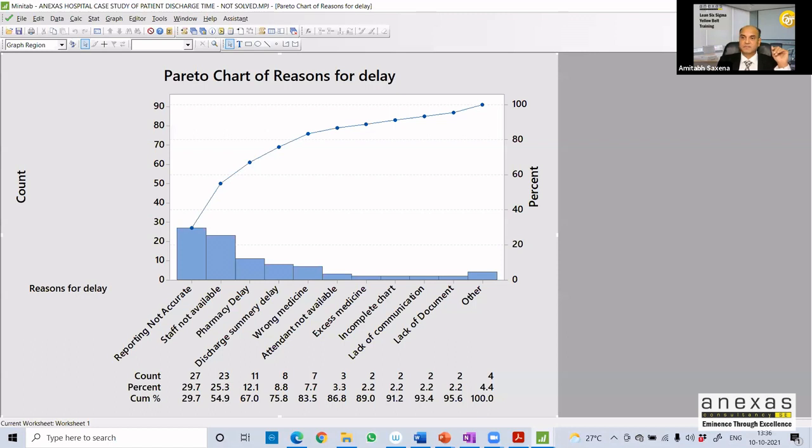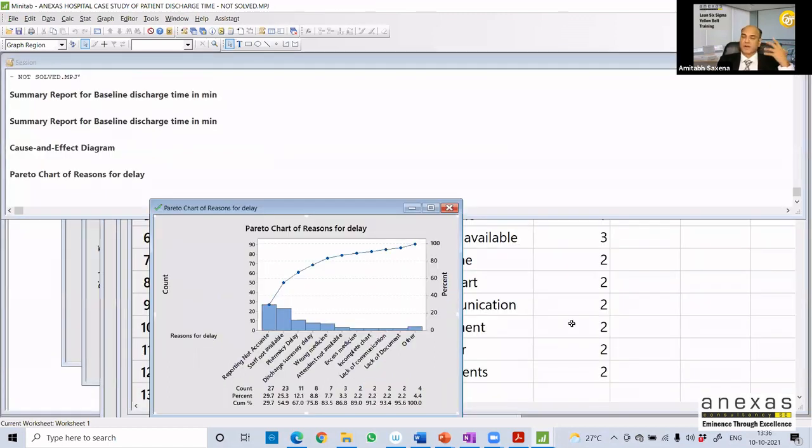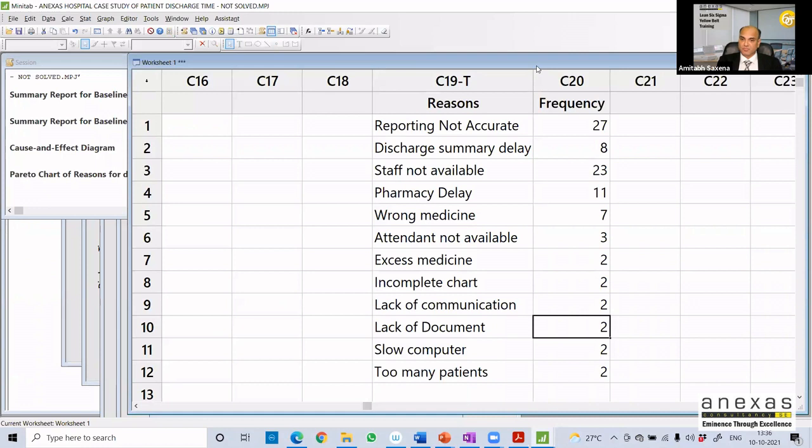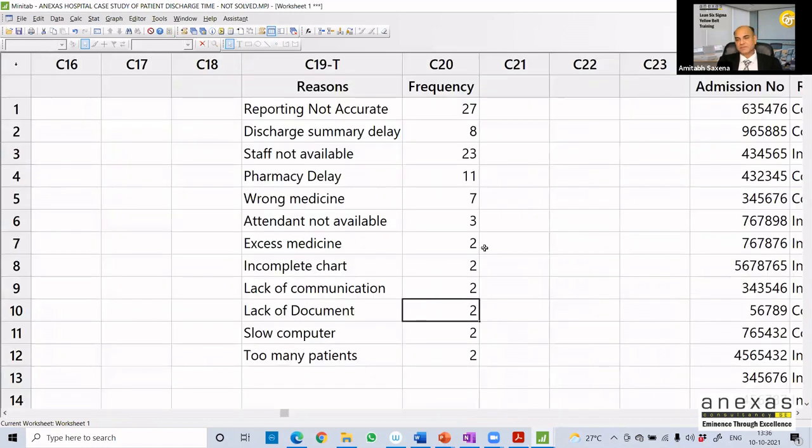So I can work on them and I can try to further improve on them. And then I get the solutions related to them. This is like a root cause analysis based on the data.